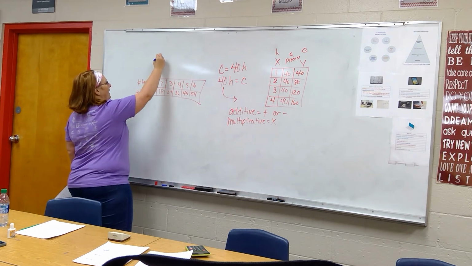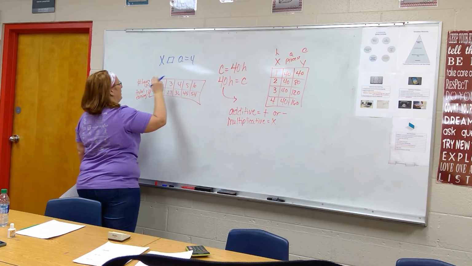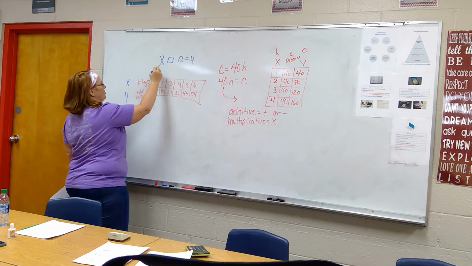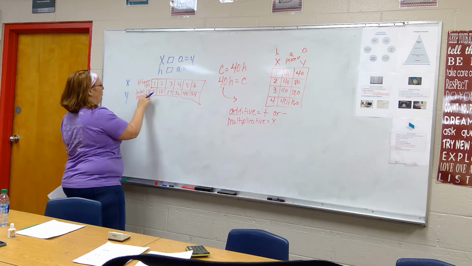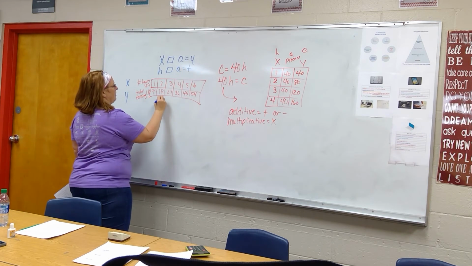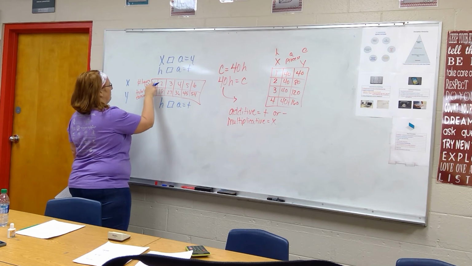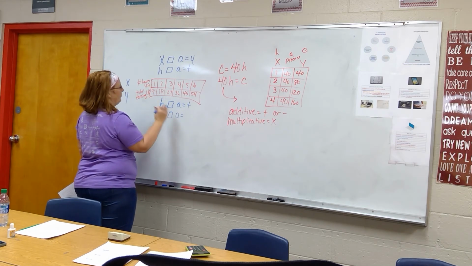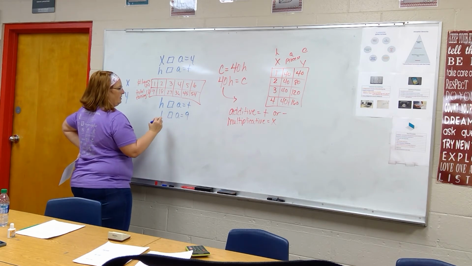Remember, we had X something A equals Y. Well, this is your X, this is your Y, and they're using H. So I have H something A equals, instead of a Y, they put a T. So I'm going to come down here, H something A equals T. Stick in my first H, 1 something A equals, my first T is 9. Can you do 1 plus something to give you 9? Yes, so let's try it out.